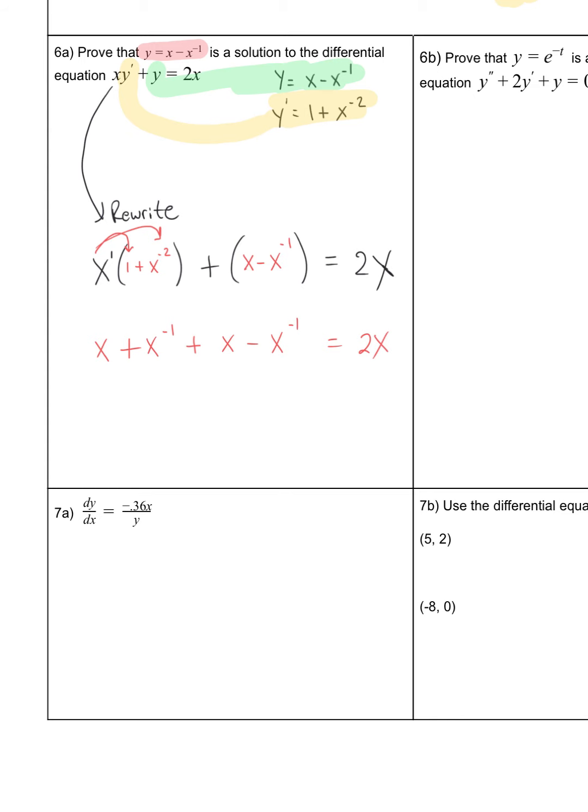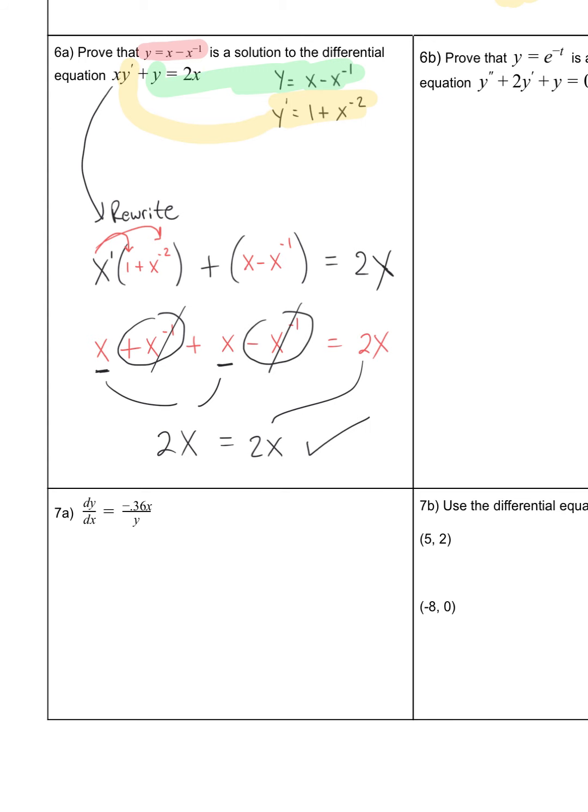The first thing that we notice is that we have a positive x to the negative 1 and we have a negative x to the negative 1. Those cancel out. Now we have an x, and that, of course, gives us 2x, and 2x is equal to 2x. So we just proved that this right here is a solution to this differential equation.